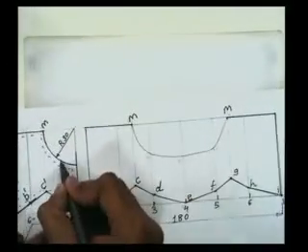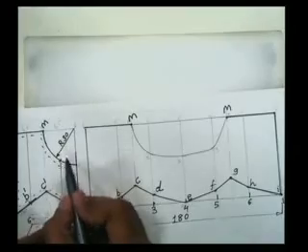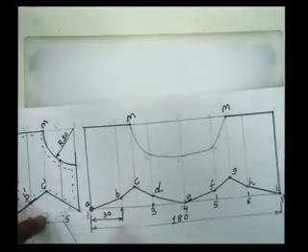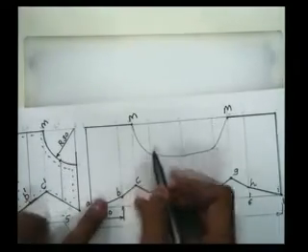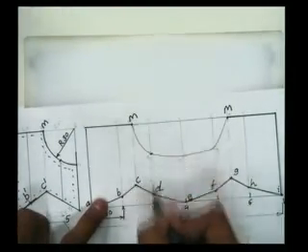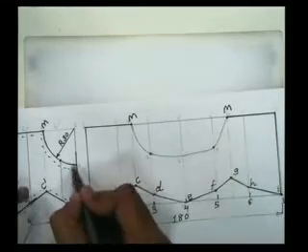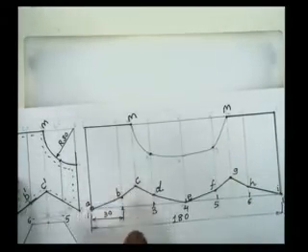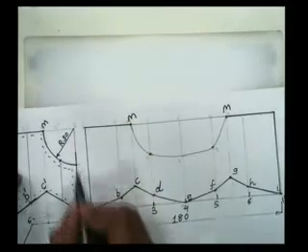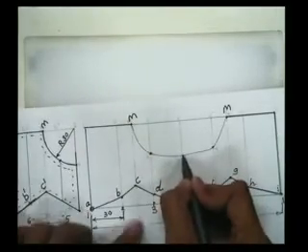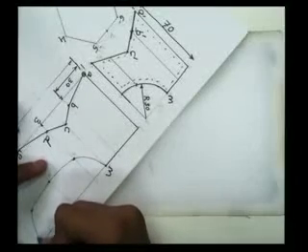Now think about this point. This point is on this generator 3 and 5. So from here draw a horizontal line up to 3, this is 3, and 5, this is 5. Two points are here. Now this point is on this 4. So from this 4 draw a horizontal line.